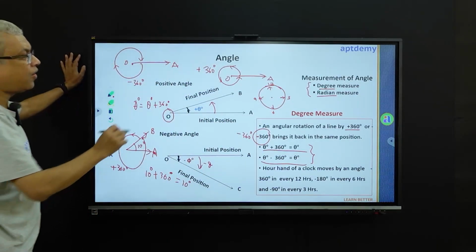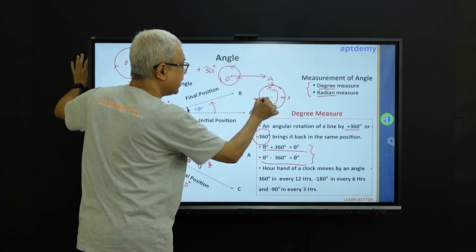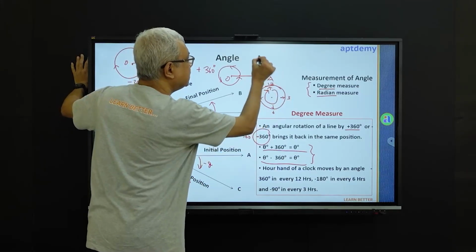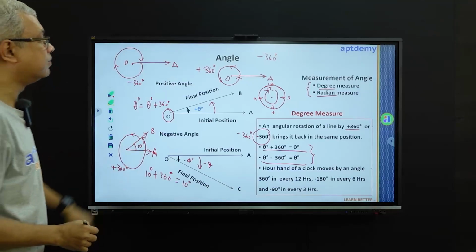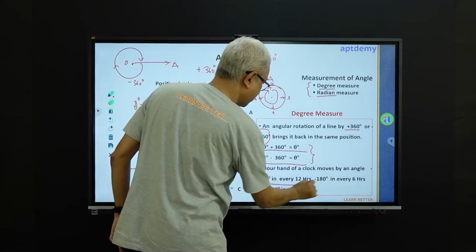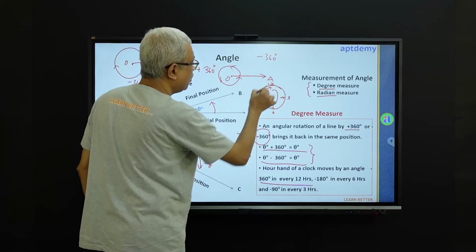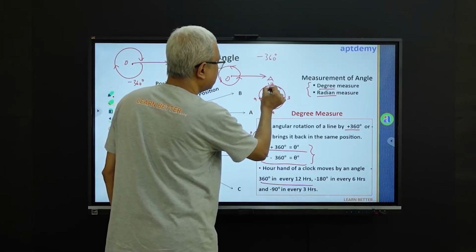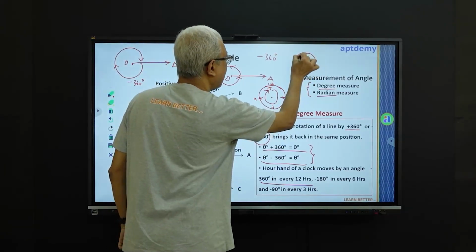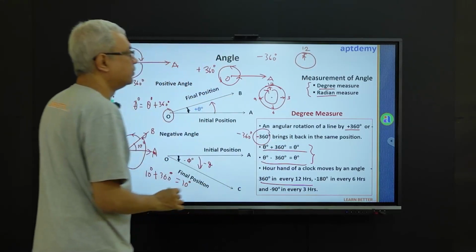So the hour hand of the clock moves by an angle of minus 360 degrees in every 12 hours. That means now it is 12 o'clock, and the hour hand and minute hand are both pointing towards 12.